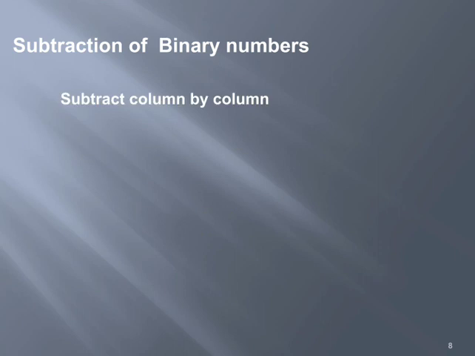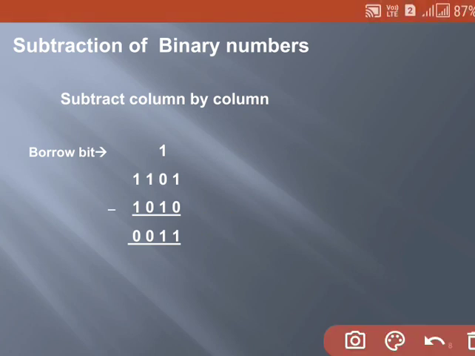I am considering two numbers 1101 and 1010, how to do subtraction. First, 1 minus 0 will be 1, and 0 minus 1. 0 minus 1 means I need to take borrow, so it will be 2 minus 1, 1 will be there.